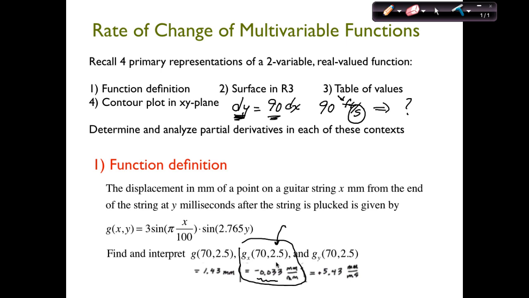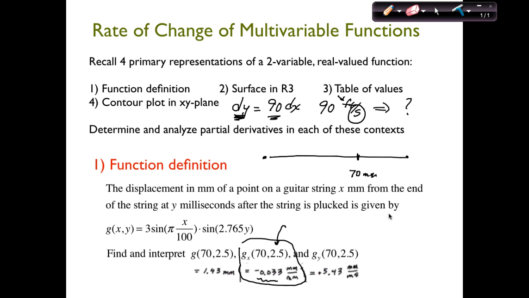Holding 2.5 milliseconds constant, say given any variation in... so here we are 70 millimeters down the string, and we're at 2.5 milliseconds.